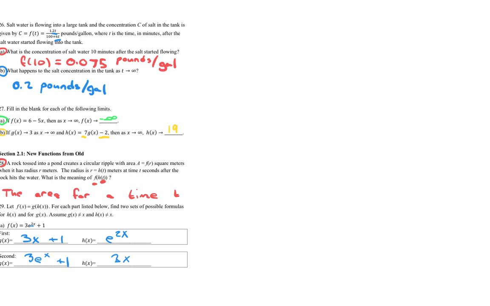And another possible answer that you might see is g of x could equal x plus 1, because really we have this 3e to the 2x, and we're adding 1 to it. And the thing that we're plugging in there is h of x equals 3e to the 2x.